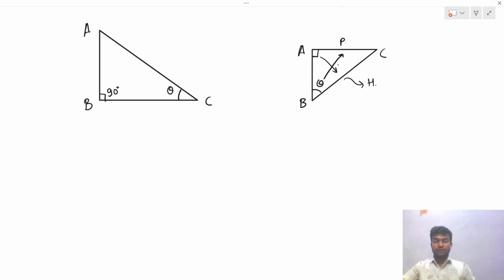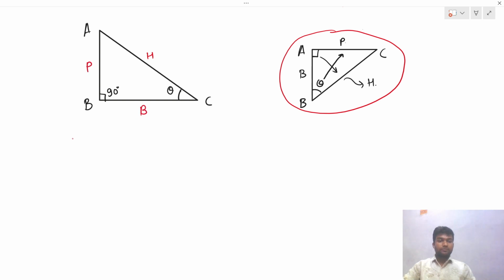The remaining side is called the base. So this is the hypotenuse, this is the perpendicular, this is the base.